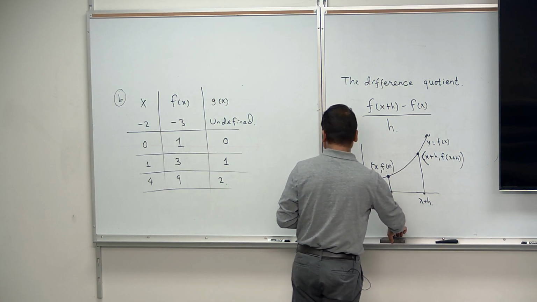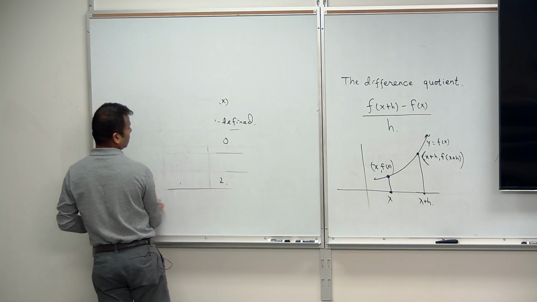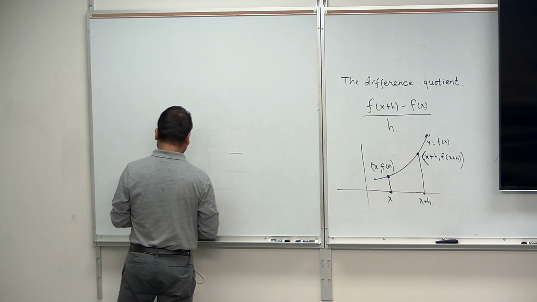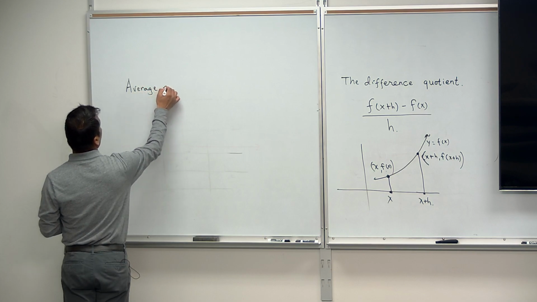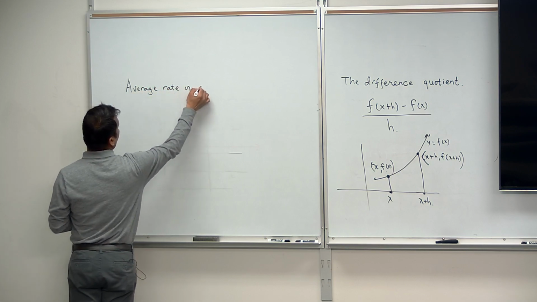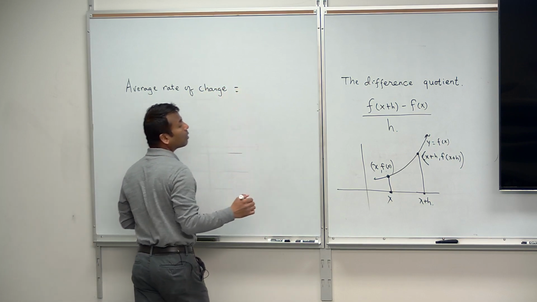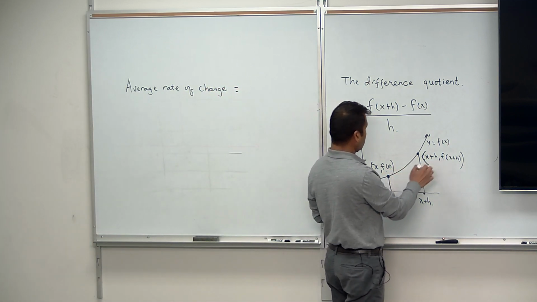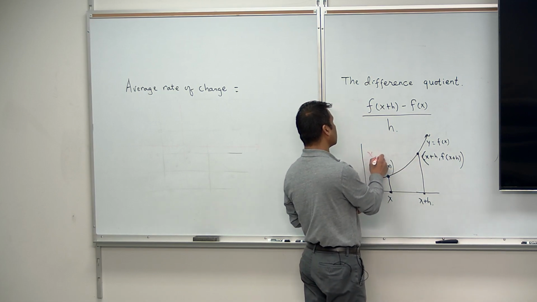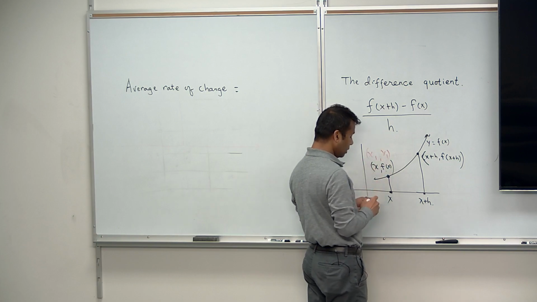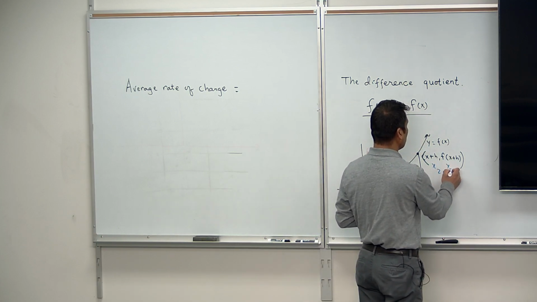So what I'm saying is, if you want to find out the average rate of change, you consider this point as x1, y1, and this point as what? x2, y2.